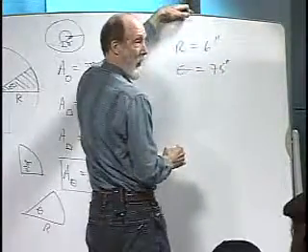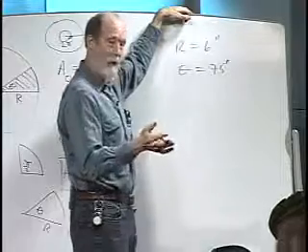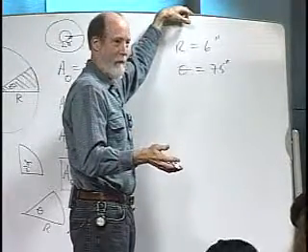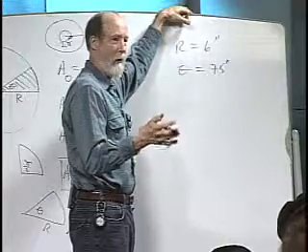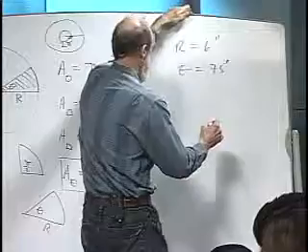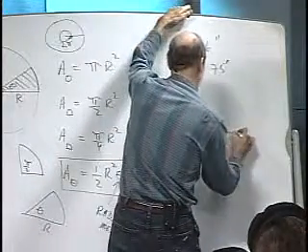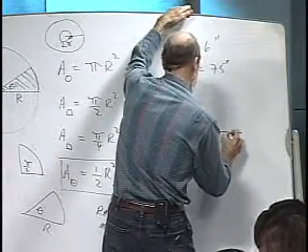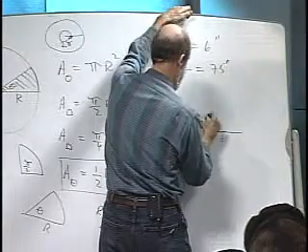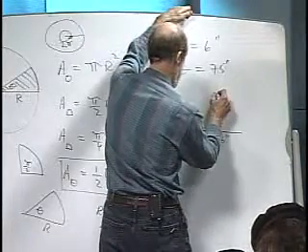Now, what I mentioned earlier today is I always want you to draw a sketch. Always draw a sketch, if at all possible, with the given information. So if I draw myself a 6-inch radius sector and I go for a 75-degree angle. Now that's a pretty big angle.